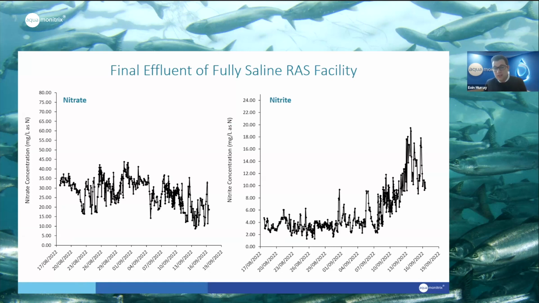Again, we just wanted to highlight that, despite the extremely challenging matrix, fully saline with really high levels of nitrogenous waste, the system can still deliver high levels of accuracy for both nitrite and nitrate. They needed to carry out this analysis from a legislation perspective. This is just highlighting the real-time data generated from this facility.